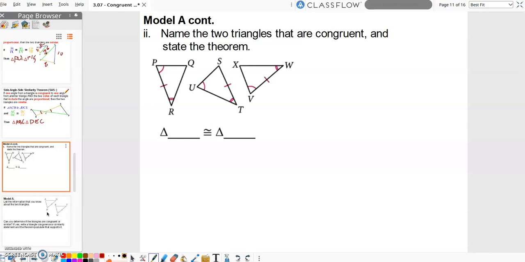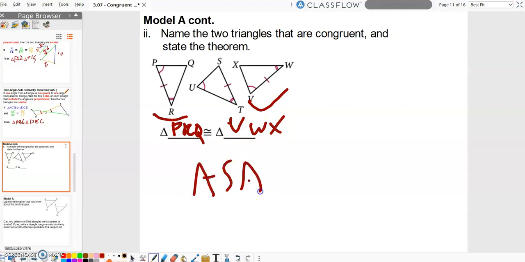So I think it's going to be PQR, that one, and that one are congruent because of angle, side, angle. Sorry. So PRQ is congruent to VWX because of angle, side, angle.